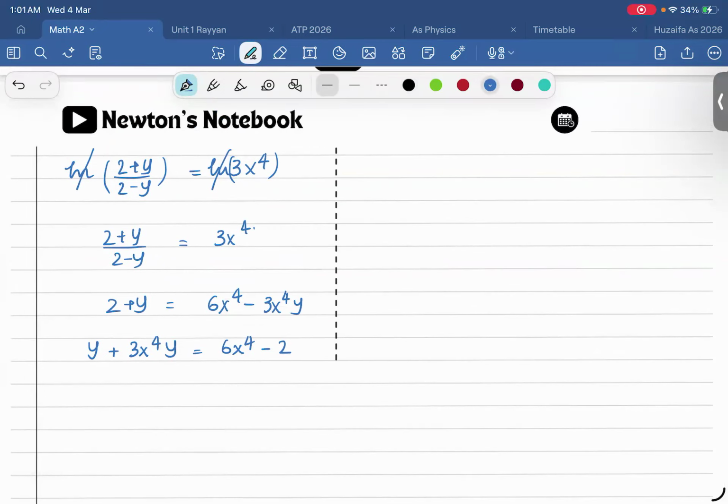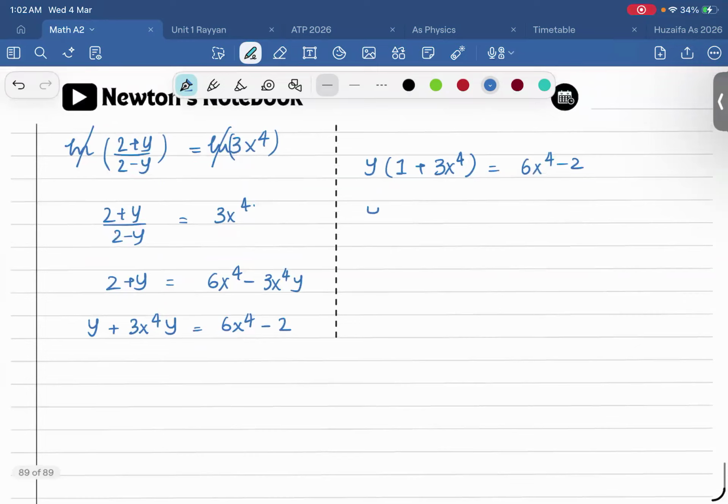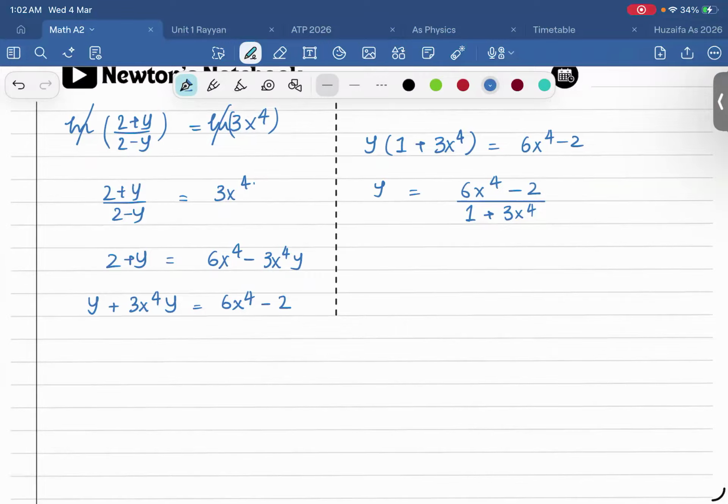Take y common, and you'll be left with 1 plus 3x to the fourth power, right, and 6x to the fourth power minus 2, or you can take 2 common, divided by 1 plus 3x to the fourth power, right? So this is the final form of the solution.